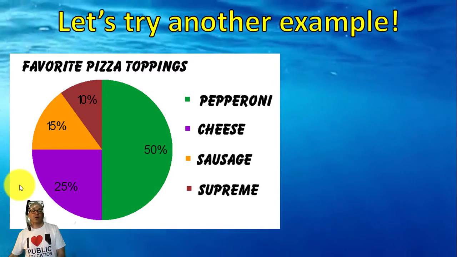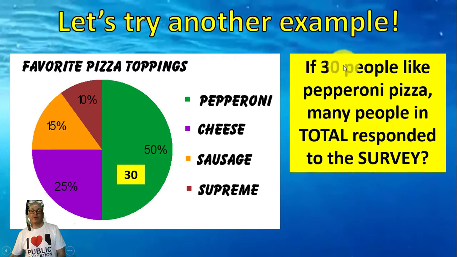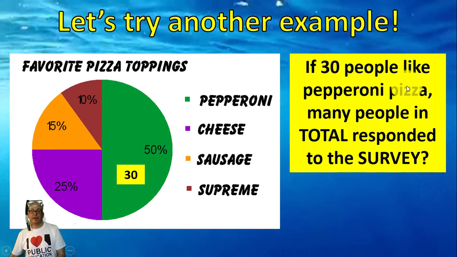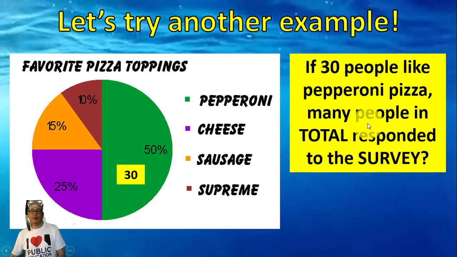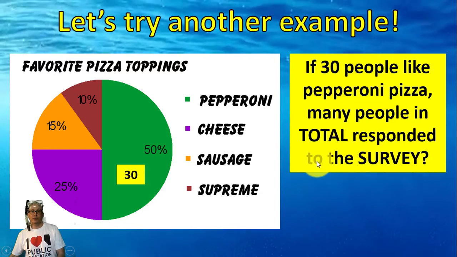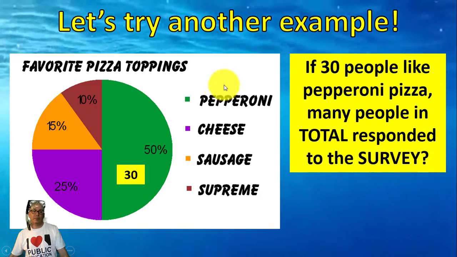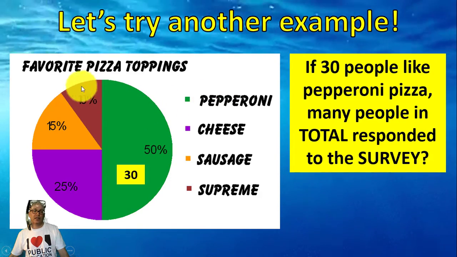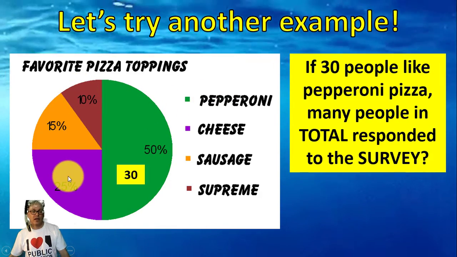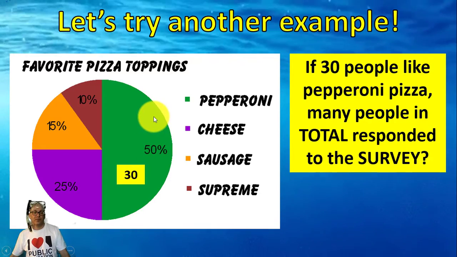Let's try another question. If 30 people like pepperoni pizza, how many people in total responded to the survey? In total, altogether, how many people answered the survey? The greens, the reds, the yellows, and the purples all together.